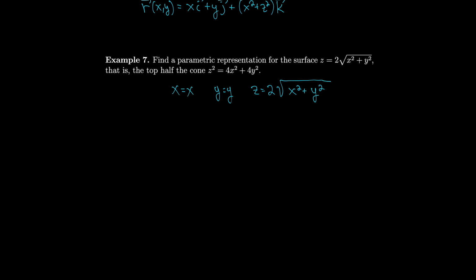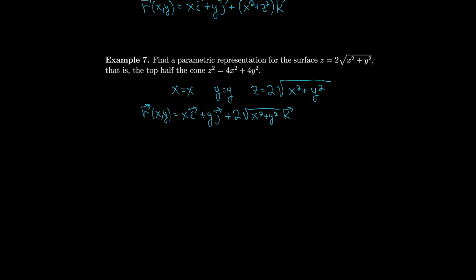So that means that r of x y becomes x i plus y j plus 2 times the square root of x squared plus y squared k.